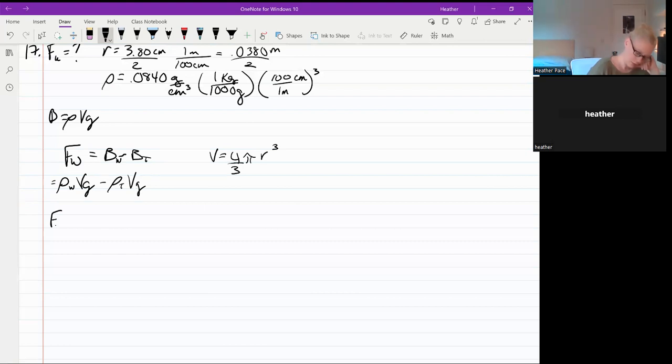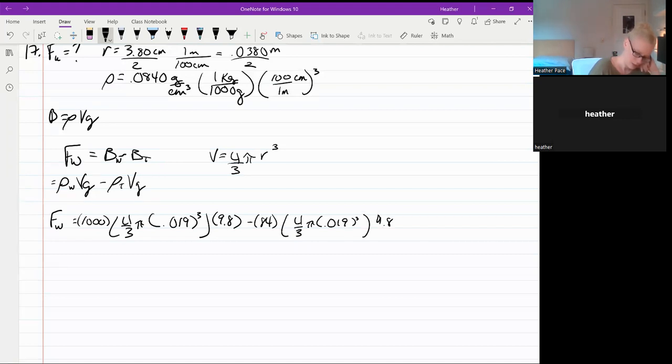So let's just plug in numbers now. Equals rho of water is 1,000 kilograms per meter cubed, which we got in a previous problem, times 4/3 pi, up here we've got 0.019, that is cubed, times 9.8 meters per second squared, because that's g, minus the rho of the tennis ball, which we were given, times the volume again, times 9.8.